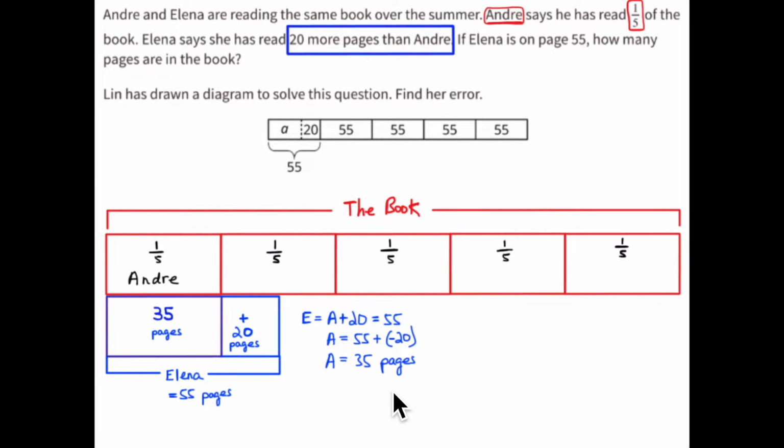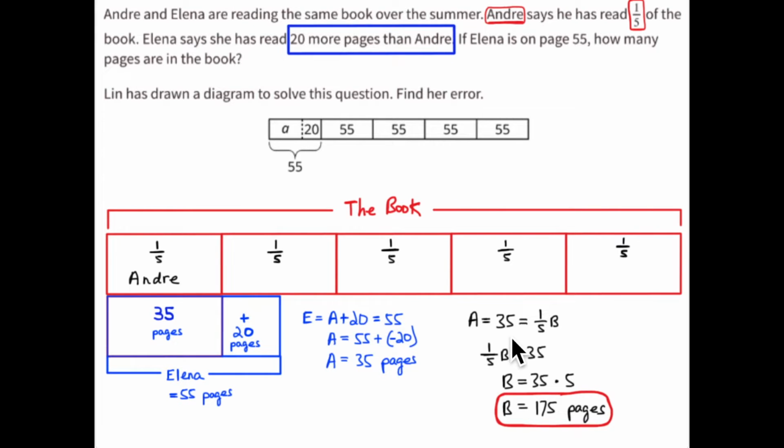Now we can actually solve for the number of pages in the book. If Andre read 35 pages, that is equal to 1/5 of the book. Again, we're looking for an inverse relationship, in this case the reciprocal relationship, because this is the multiplicative inverse. Over here, this is the additive inverse: a plus 20 plus a negative 20.